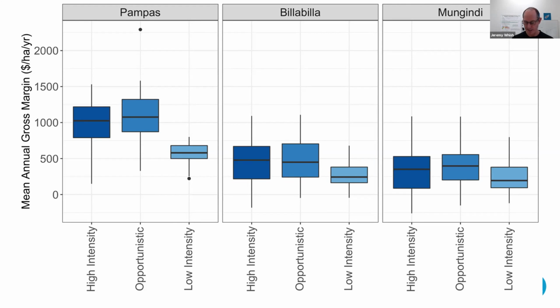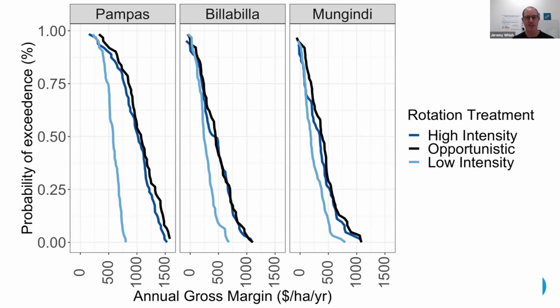But if we move on, that's just for familiarity, to show you exactly how we've looked at the last lot. You can see the opportunistic crop is to the right-hand side for all of them, so it's got its advantages over the really high intense one or the really low intense one.